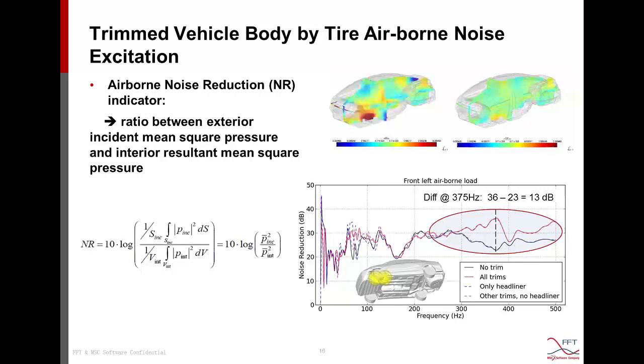So this noise reduction indicator is a ratio between the mean square pressure that is applied on the exterior surface and the resultant mean square pressure that is in the car cabin cavity.